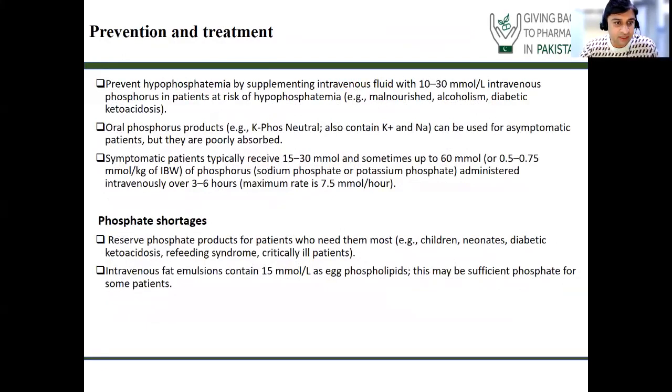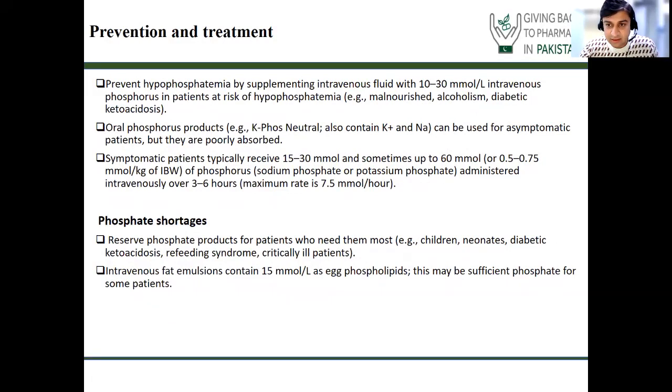So how do we prevent hypophosphatemia? We give supplemental intravenous fluids with phosphorus. There are some risk factors which can cause hypophosphatemia, like patients who are malnourished, because at some stage of the treatment they may go into refeeding.